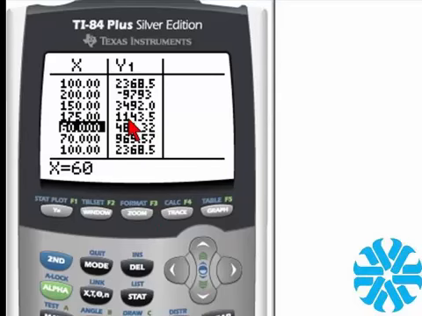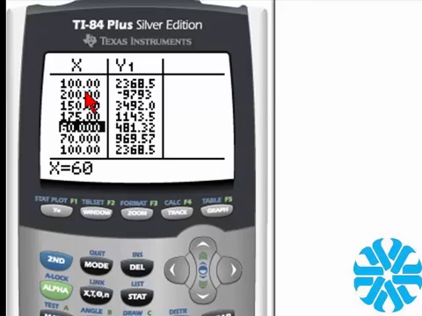Okay, so it's decreasing here. All right, and then between 175 to 200, we have a sign change. Okay, this means that it's going to cross the x-axis between 175 and 200.